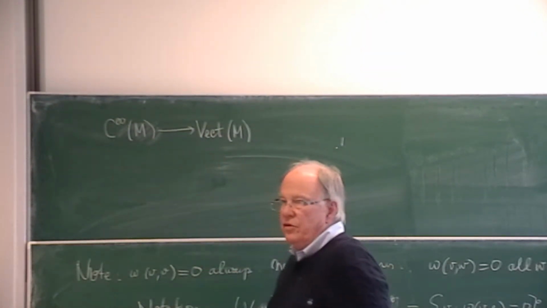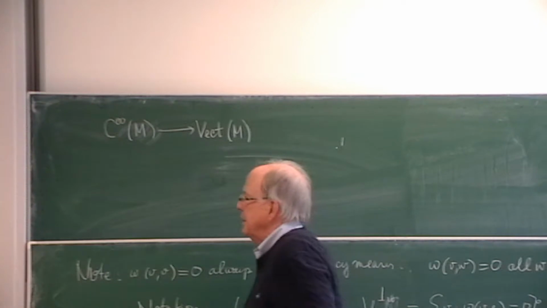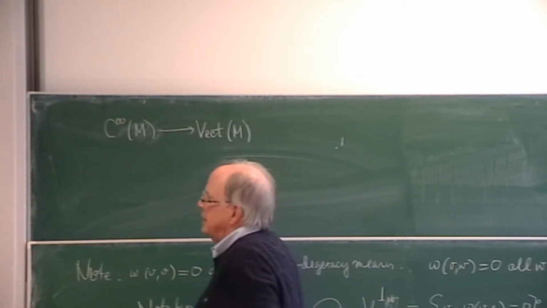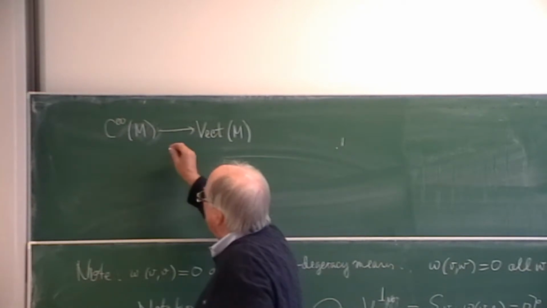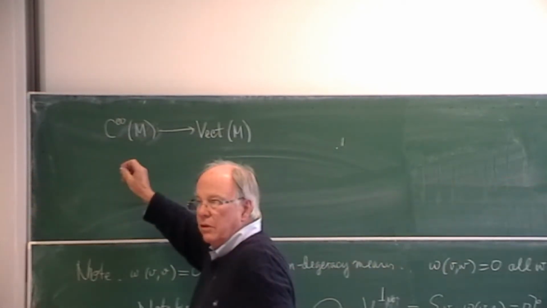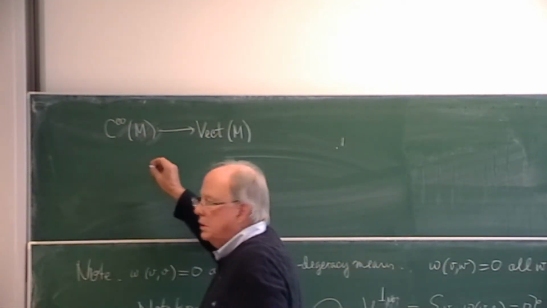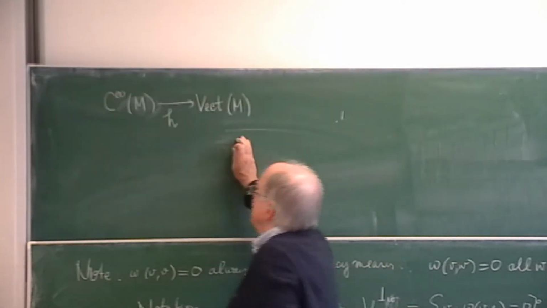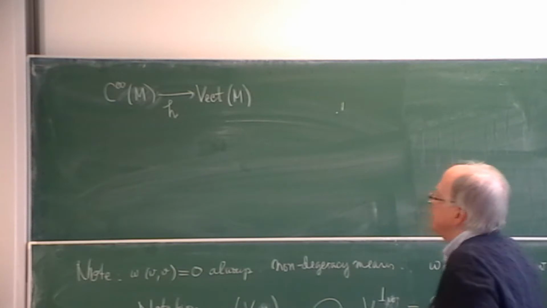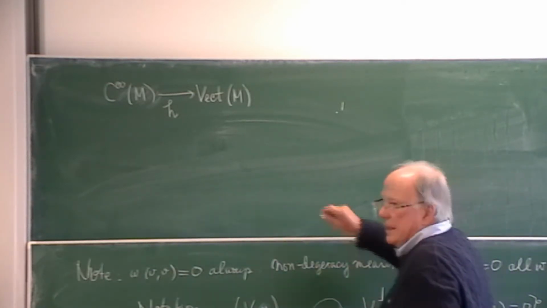This is a fundamental thing you can't imagine. You can't imagine how fundamental this thing is, and I don't know who discovered this, but I'm going to call this h, little h, for Hamilton.